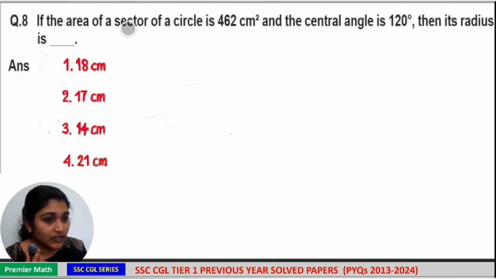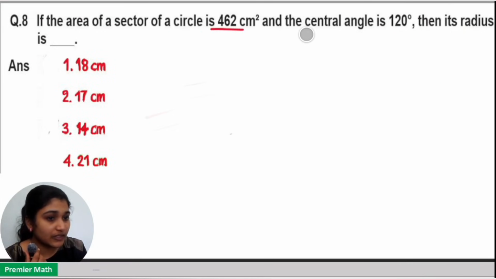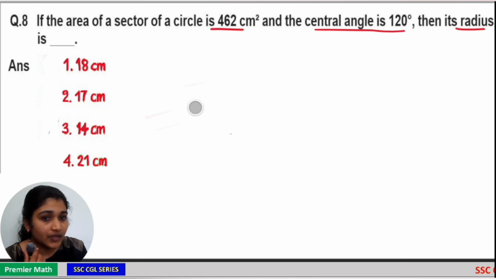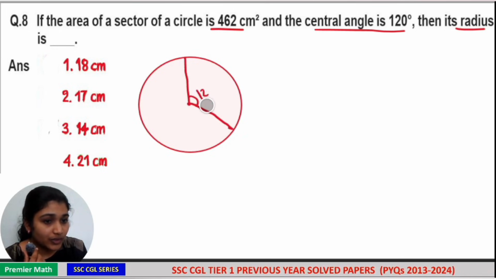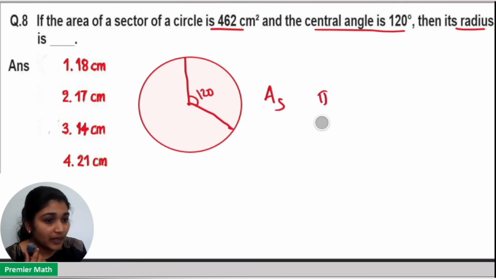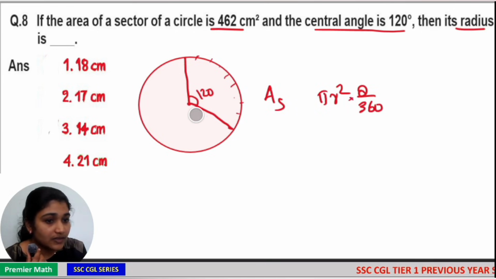If the area of a sector of a circle is 462 centimeter square and the central angle is 120 degrees, then its radius is? Here the area of the sector with a 120 degree angle. The area of a circle is pi r square, but we need a portion of it, that is theta by 360 of it. Total angle is 360, we need the 120 degree area, so theta by 360.